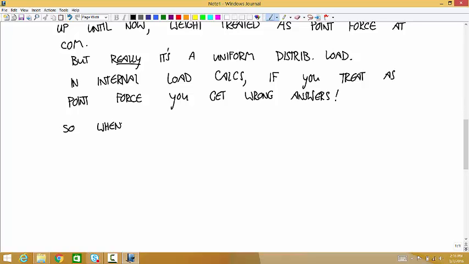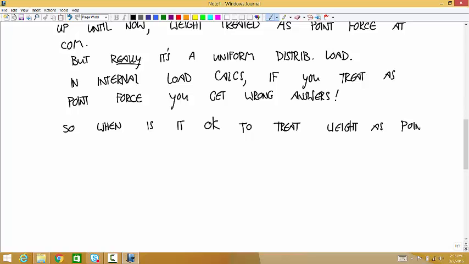That's a pretty narrow reading. So when is it okay to treat weight as a point force?